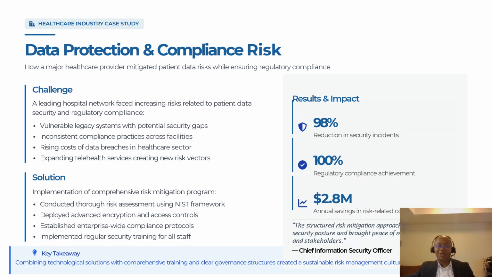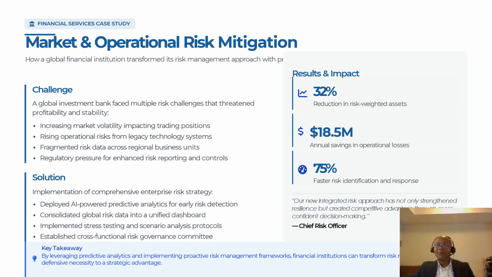The second case study is based on the financial services sector, market and operational risk mitigation. This is how a global financial institution transformed its risk management approach. Here is the challenge. A global investment bank faced multiple risk challenges that threaten profitability and stability.